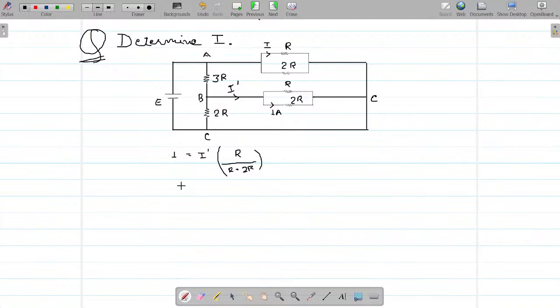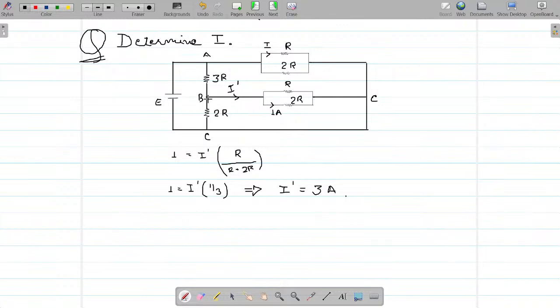So this makes 1 equals I dash into 1 by 3, which implies I dash is equal to 3 amperes. Am I clear so far? It makes sense.